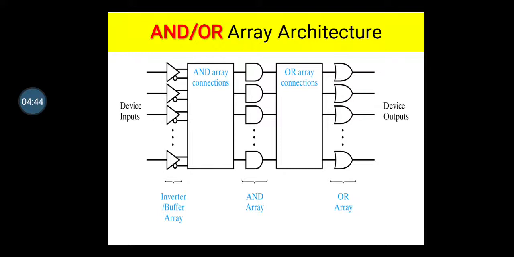Initially the inputs you can give through the inverters or buffers to the AND gate array, and that AND gate array is then connected to the OR gate array, and that gives the device output. At the center you can see the AND gate array connections and OR gate array connections, which can be manipulated by the user. The user can make all these connections depending upon the logic equations or circuit equations you get, and this is how you can get your circuit done on these ICs.